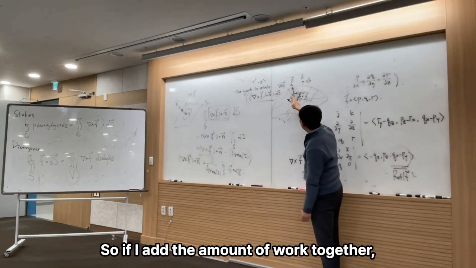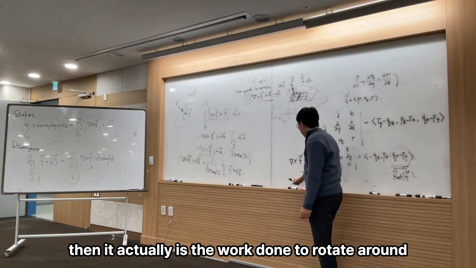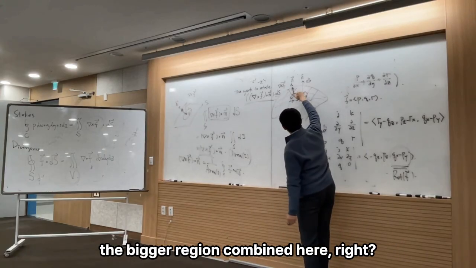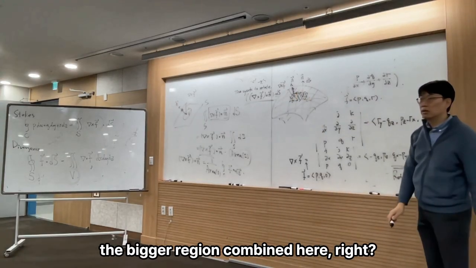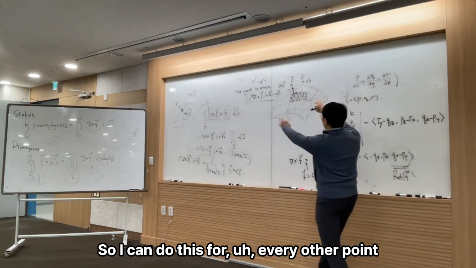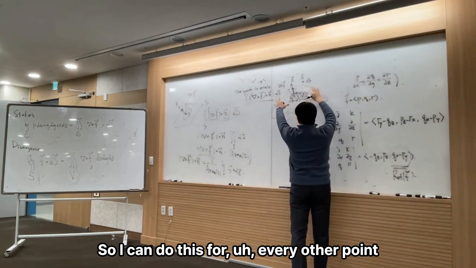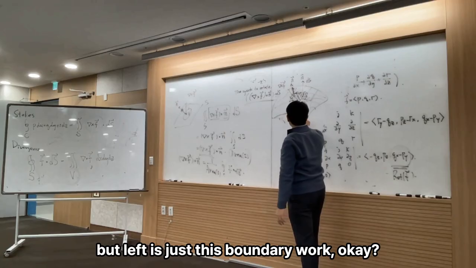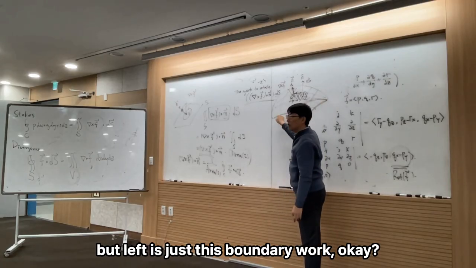If I add the amounts of work together, it is the work done to rotate around the bigger region combined here, right? I can do this for every other point, and as the region gets larger and larger, what is left is just this boundary work.